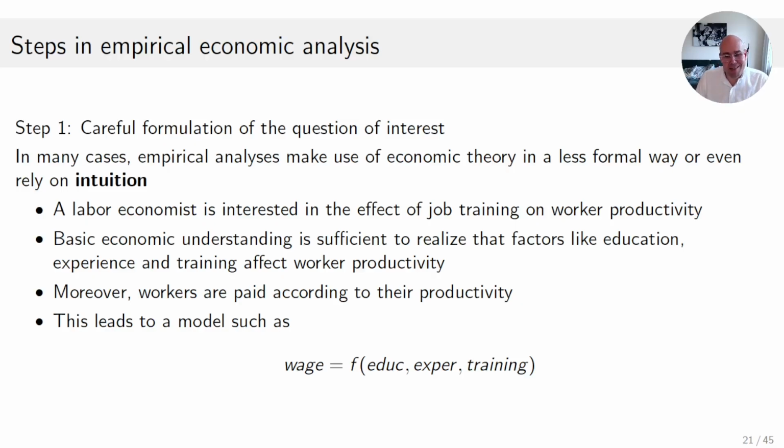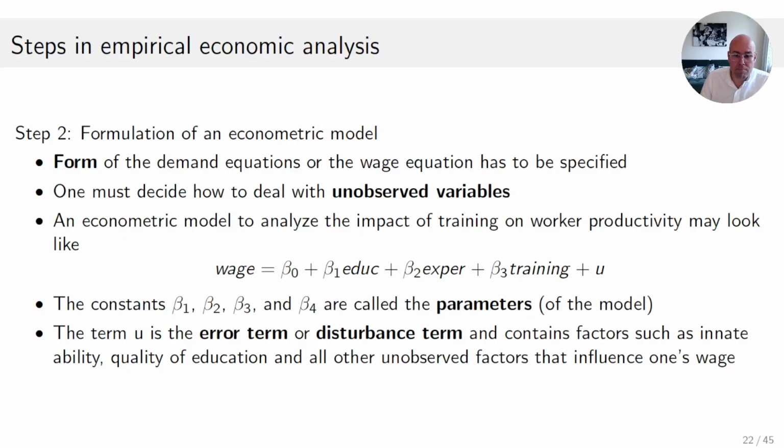So what that means is that there must be a model that looks more or less like this here. So the wage that somebody earns is a function of his education, his experience on the job, and whether or not that person has received any additional training. Good. So that concludes step 1.